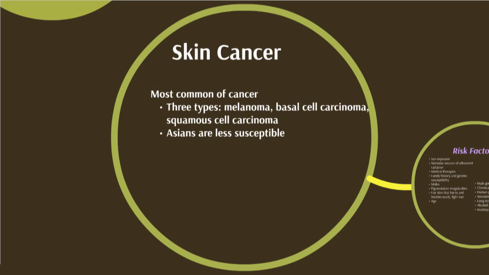Squamous cell begins as a firm red nodule or a scaly, crusty, flat lesion, and can spread if not treated. Malignant melanoma can arise on normal skin or from an existing mole. If not treated properly, it can spread to other areas of the skin, lymph nodes, or internal organs.